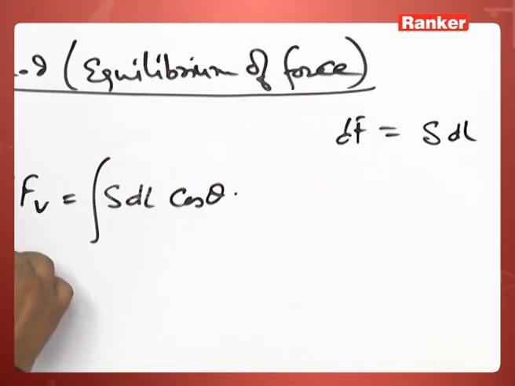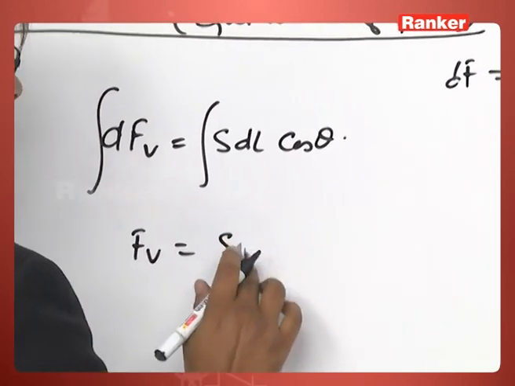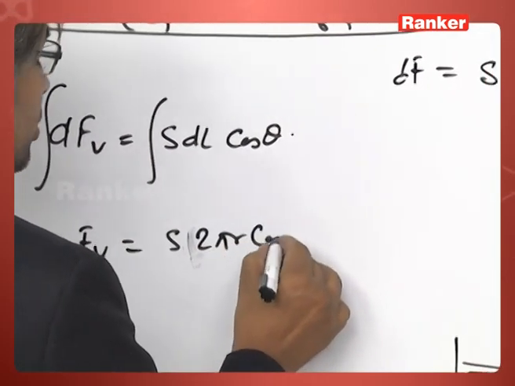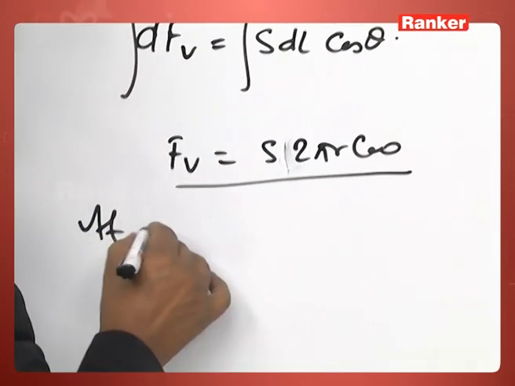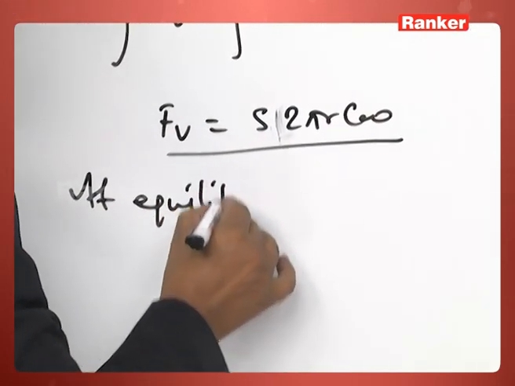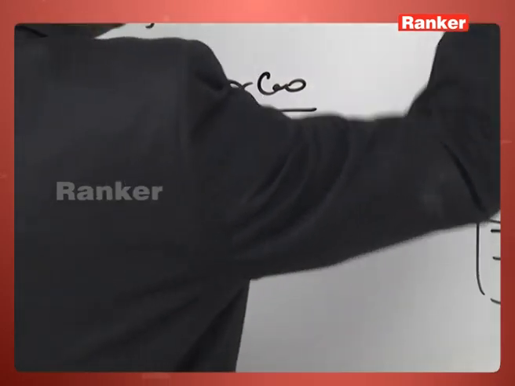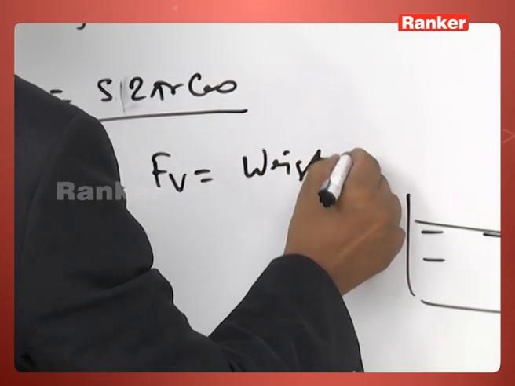Now, if I integrate, I will get the total force as S into L, where L is 2 pi r, so F is 2 pi r S cos theta. At equilibrium, the total upward force due to surface tension must balance the weight of the liquid.